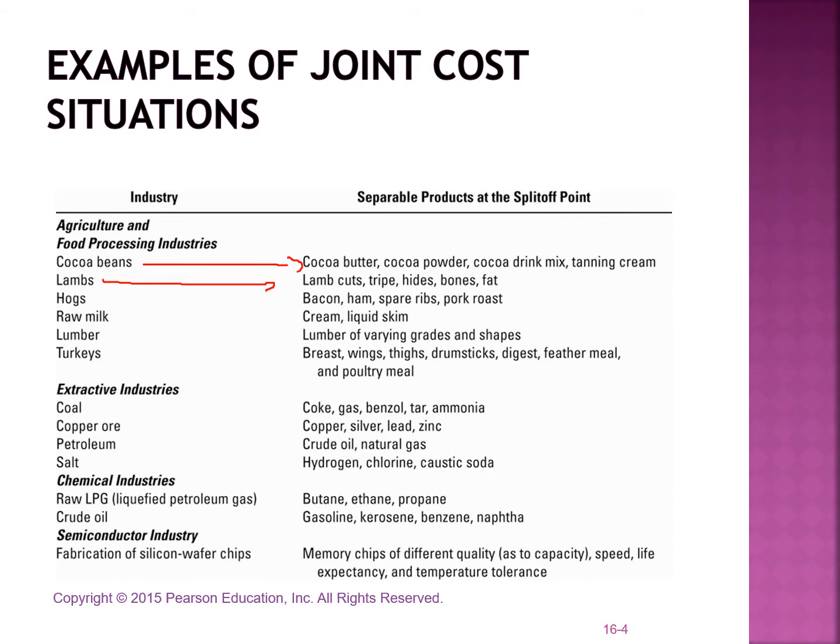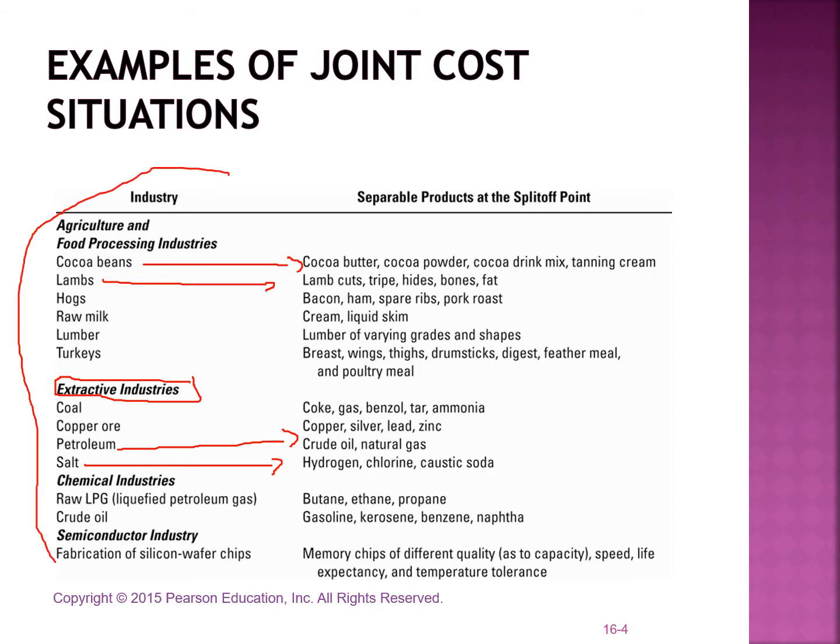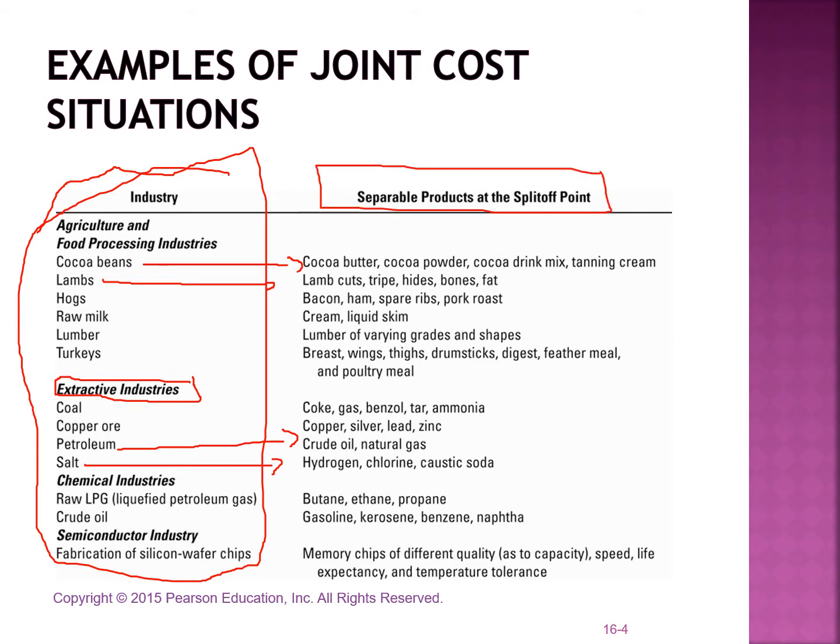We have extractive industries, like petroleum, where we have crude oil and natural gas. Salt, where we have more than one product, chemical industries, and so on. Those are examples of industries that we can look at, and they incur additional cost in order to have separable products at the split-off point.